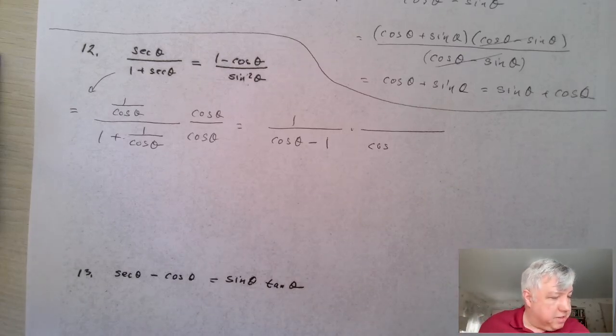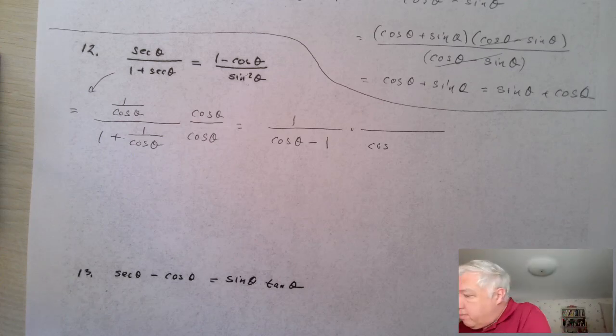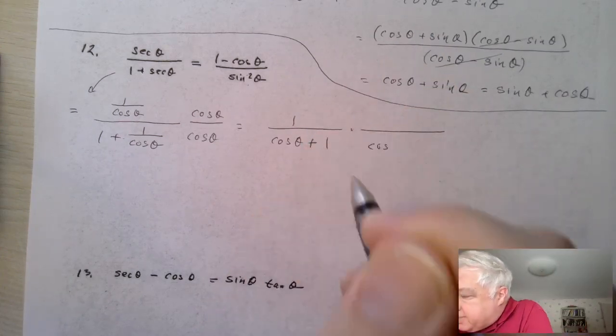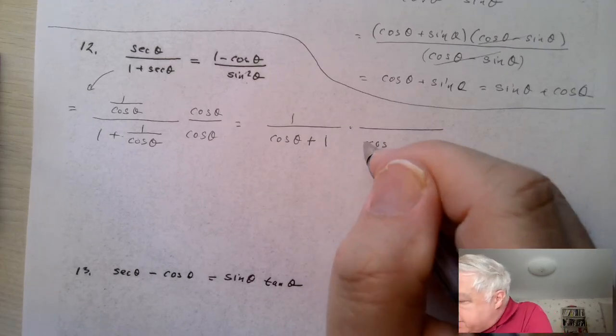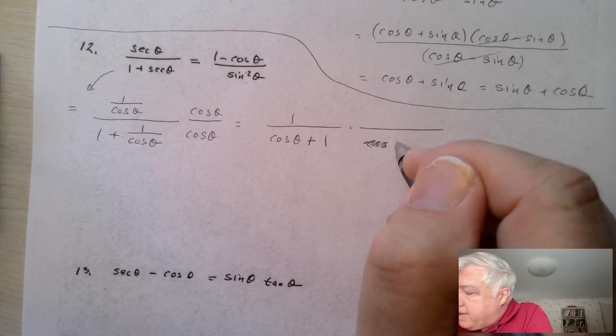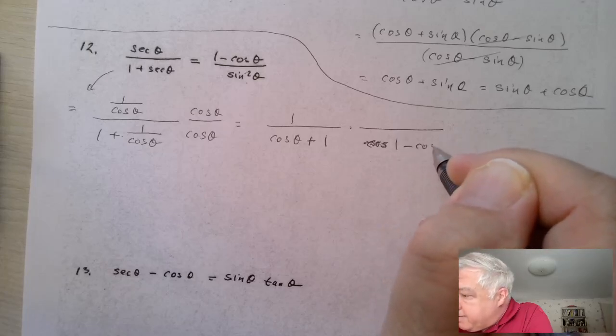What do we want? This should be a plus. No wonder I was confused. So let's instead multiply and divide by 1 minus cosine theta.